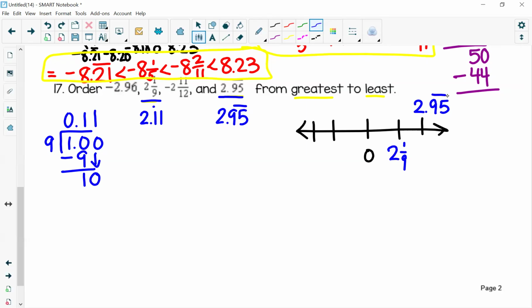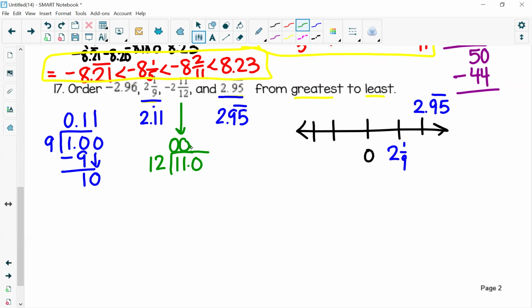All right. So now I'm looking at my negatives, and I'm going to go right here. So I'll have 11 divided by 12. So 12 can go into 1 0 times, 12 can go into 11 0 times. Whoop, that decimal back there.